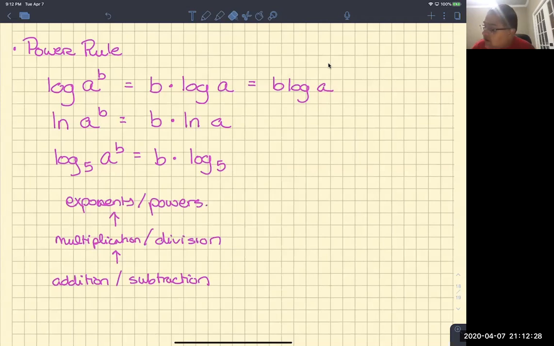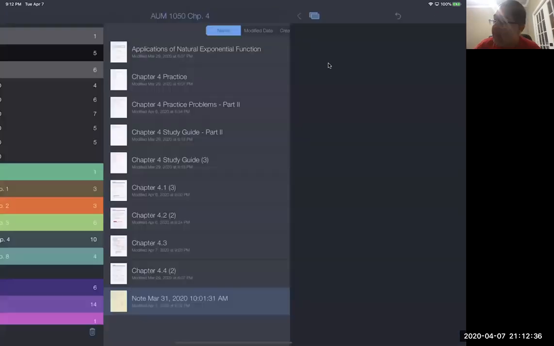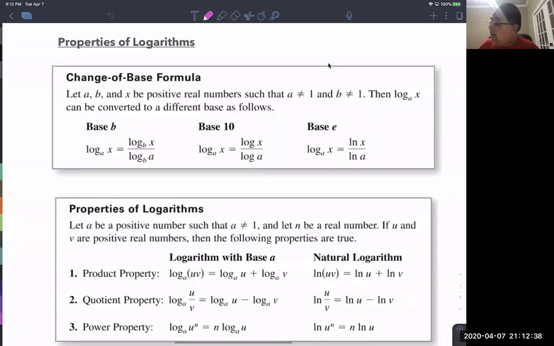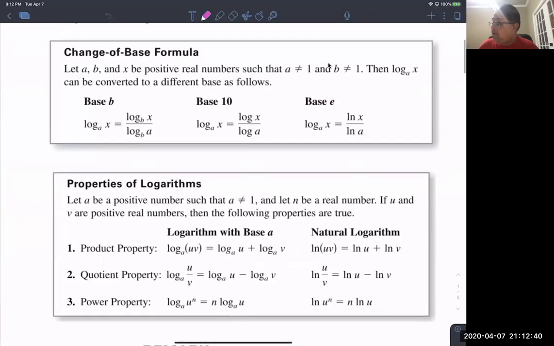So these are characteristics that are unique to logarithms and make them very useful. I highly recommend that you memorize these properties. This slide is in your lecture slides on Blackboard. Memorize the product property, the quotient property, the power property, and the change of base property.